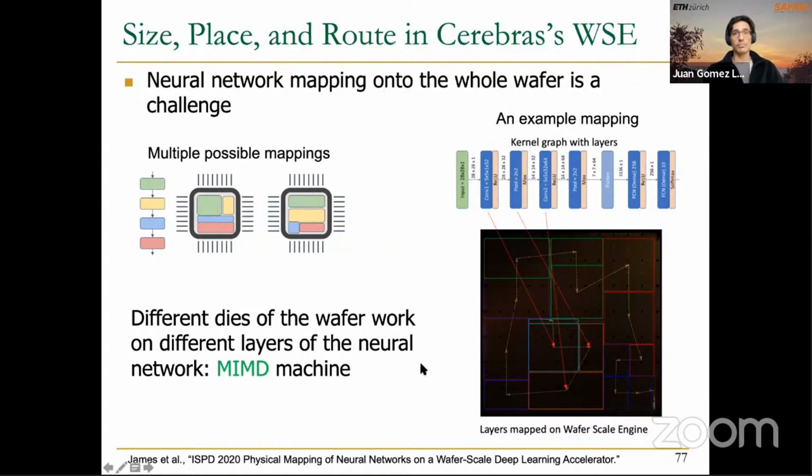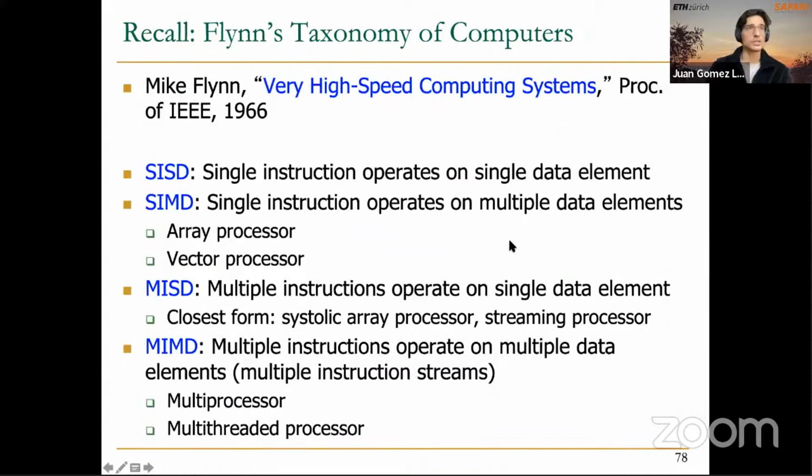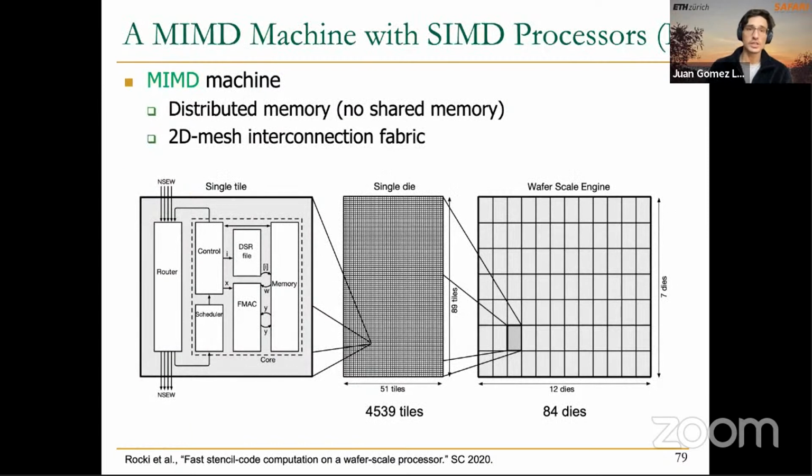But at the same time, and as we are actually going to see in a couple of slides, internally, each of these are SIMD engines, and this takes us back to Flynn's taxonomy of computers, where we remember we have SIMD and also MIMD processors. So in the end, this Cerebras wafer scale engine is kind of a MIMD machine that is composed of SIMD processors.